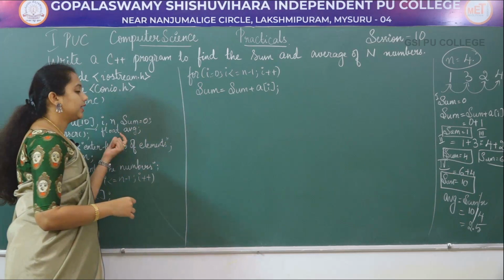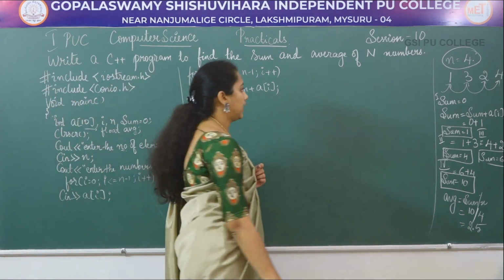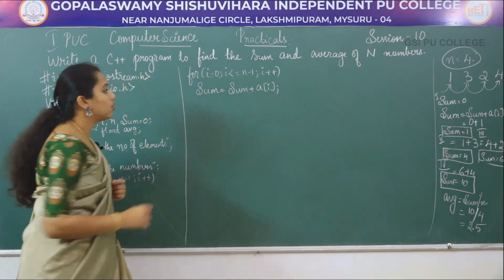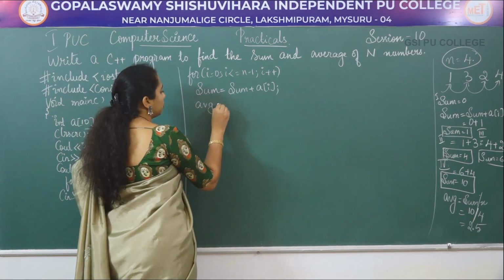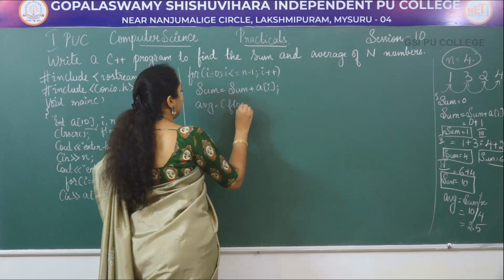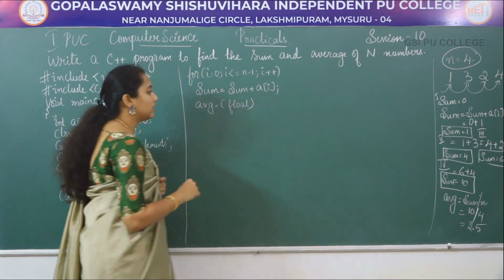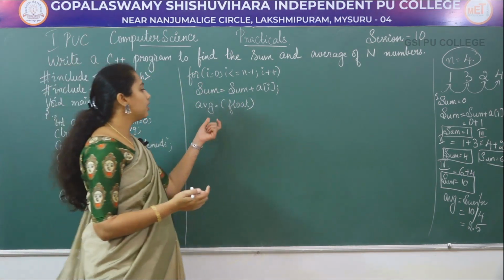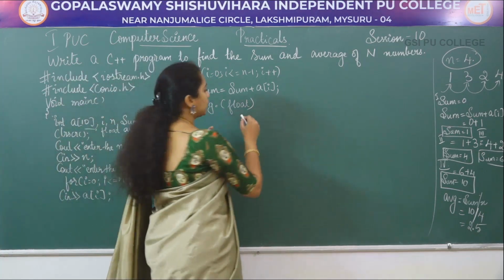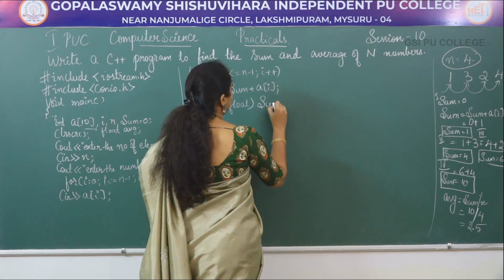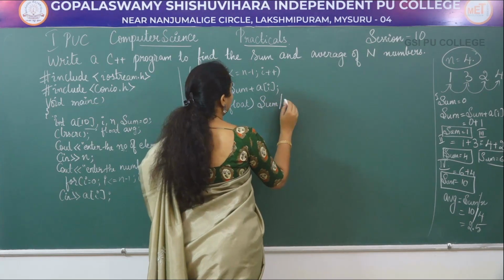Average is of float data type. So average is equal to sum divided by n.